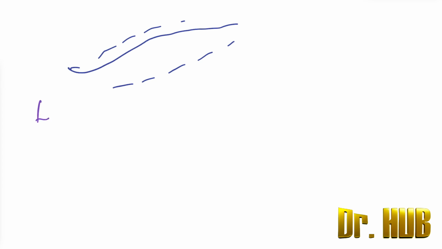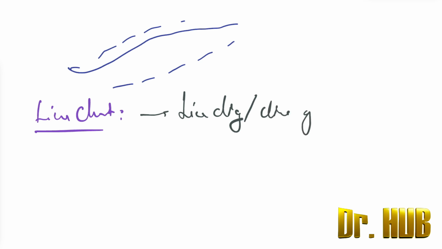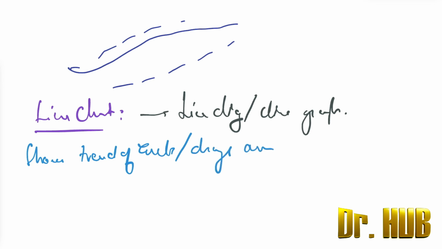Next is the line chart. A line chart is also known as a line diagram or line graph, and its best use is to show the trend of events, or change over the passage of time.